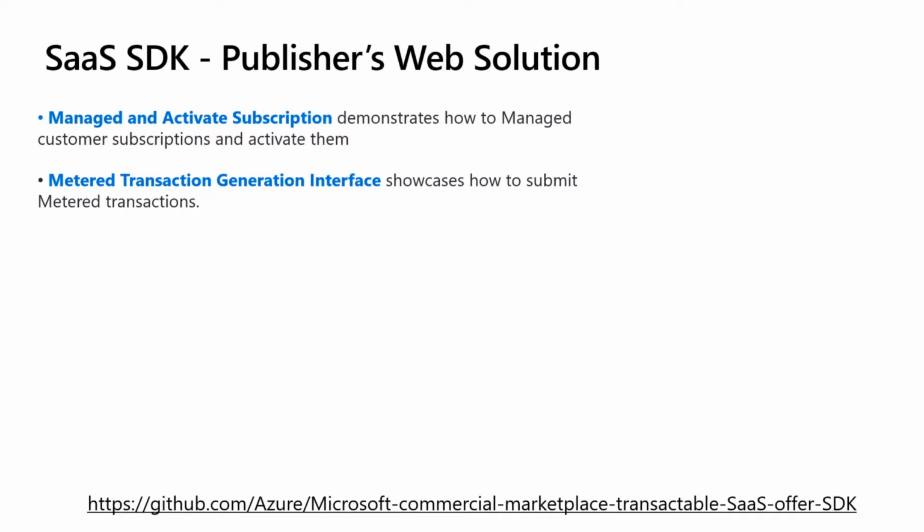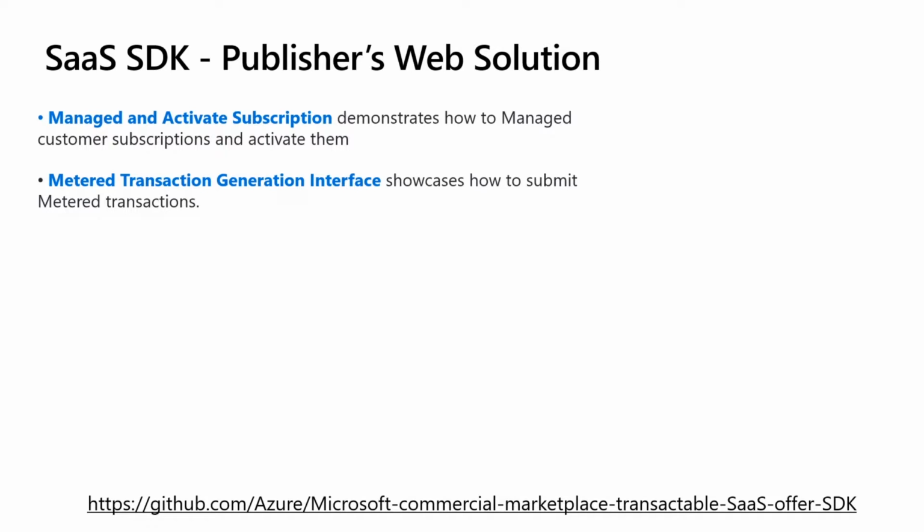Then we also have the publisher web solution, and this is an example you can bring to have the ability to manage and activate those subscriptions that are coming from Marketplace. So it shows you how to do that. And the part that is even more relevant is the meter transaction part.